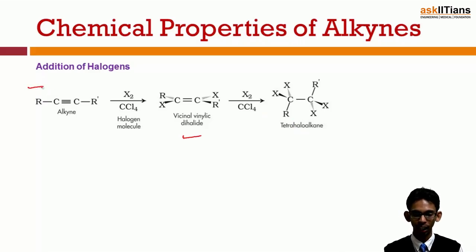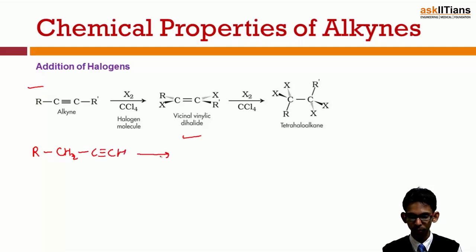This is an alkyne. But in case of non-symmetrical alkynes, just like CH3 C triple bond CH, in this case if we want to add bromine, this will follow CH3 CBr=CHBr.